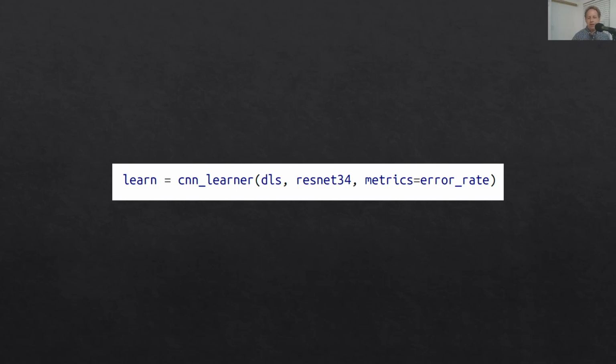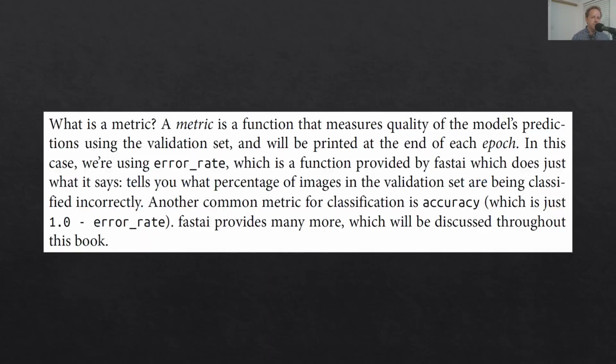And so after you've looked at every image in the data set once, we print out some information about how you're doing. And the most important thing we print out is the result of calling these metrics. So error rate is the name of a metric, and it's a function that just prints out what percentage of the validation set are being incorrectly classified by your model.